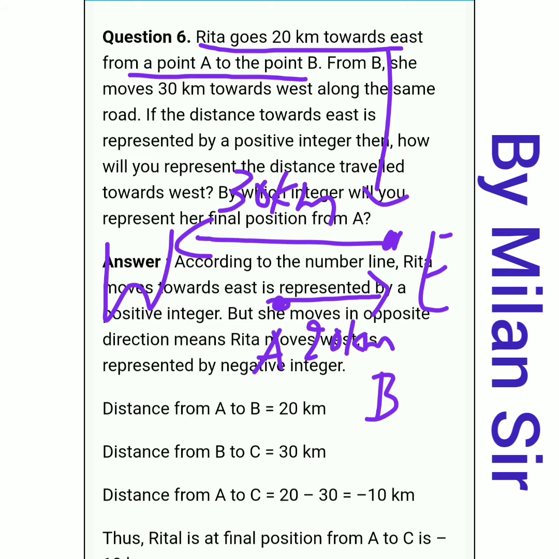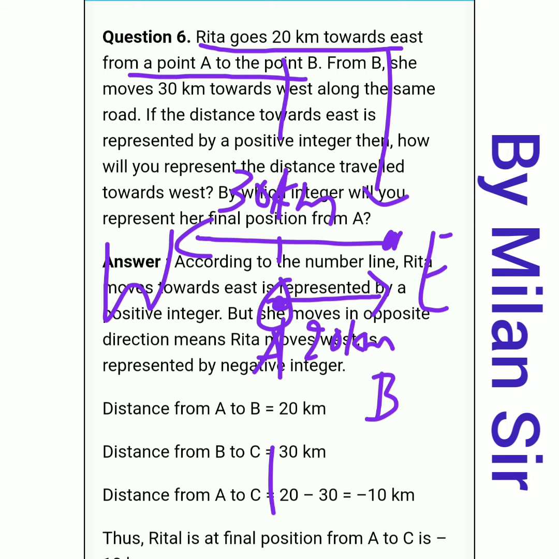The right hand side of 0 are all positive numbers, and the left hand side of 0 are all negative numbers. The same thing we can apply here. From point A, if we move toward the right hand side, we give it a positive integer, and if we move towards the left hand side, we give the negative sign.